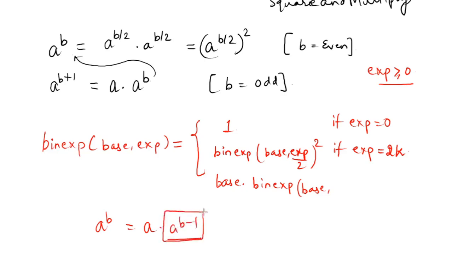This has to be broken down into the binary square form, so this can be represented as exponent minus 1 by 2, if the exponent is of the form 2k plus 1.